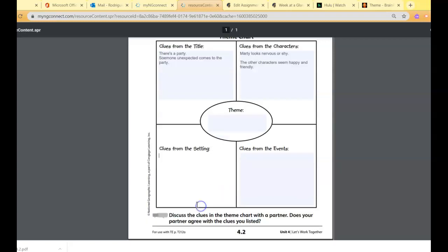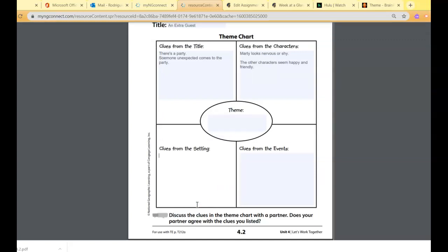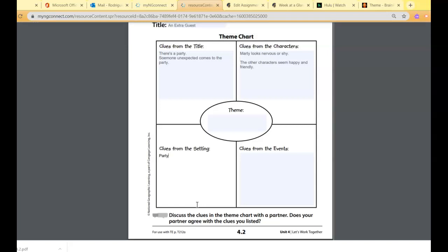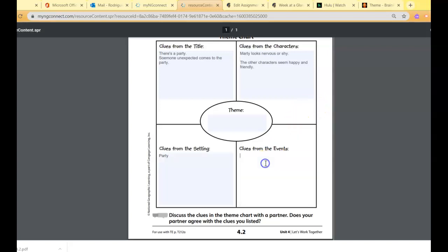So then when we talk about the setting, well, our title tells us what the setting is. What is our setting? It's going to be a party, right? Because when we say we have a guest coming over, it's almost always for a party or get together. In this case, it was their team's party. And then the clues from the events, what happens? Well, the coach gives Marty a balloon.